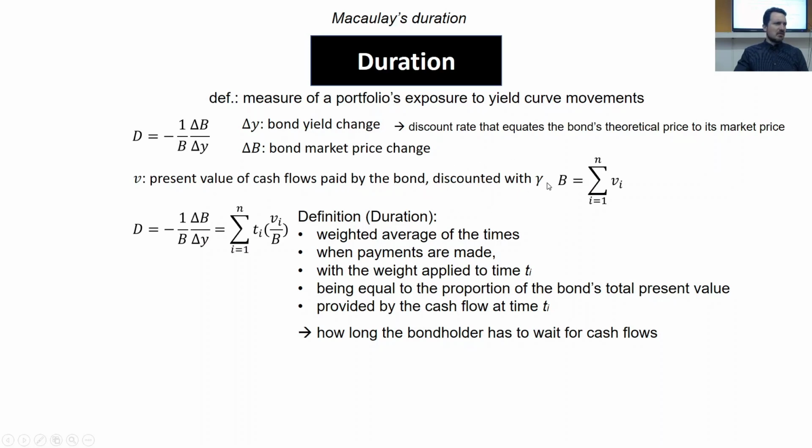Epsilon in English, epsilon, no, gamma. Yeah, this is gamma, but this is this one. Y. Yes, Y. Okay. Just in Hungarian language it is epsilon. In German it's the same.